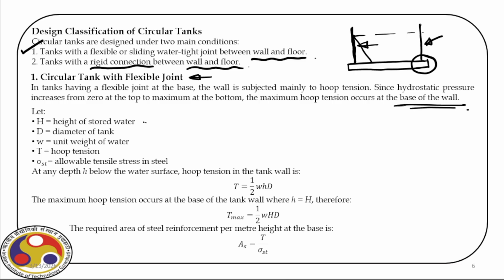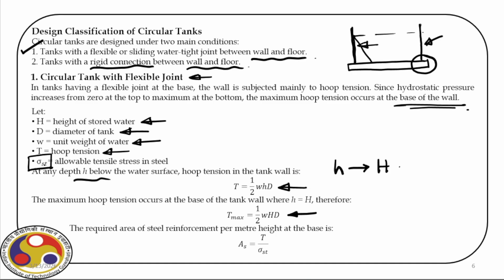Now let capital H be the height of the stored water, capital D the tank diameter, w the unit weight of water, capital T the hoop tension, and sigma_st the allowable stress. Now if we go to a depth h below the water surface, the hoop tension is given by this expression. So T is half times w times h times D. Obviously, if h is maximum, that is capital H, the hoop tension is also maximum. It is half times w times capital D times capital H.